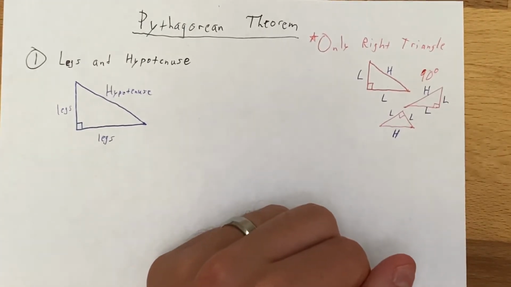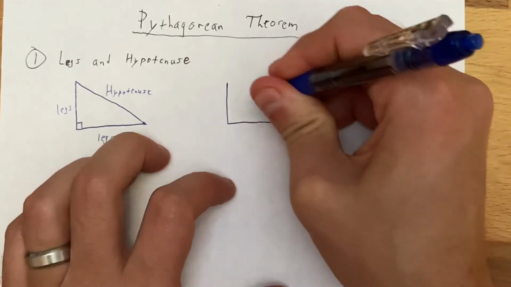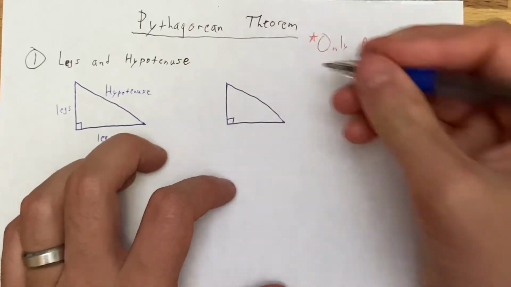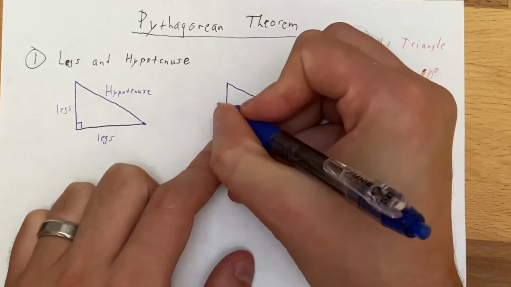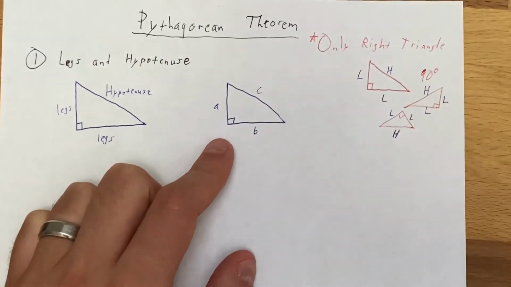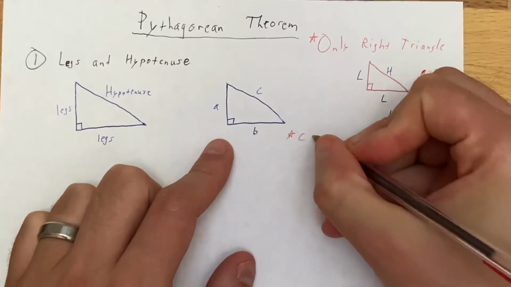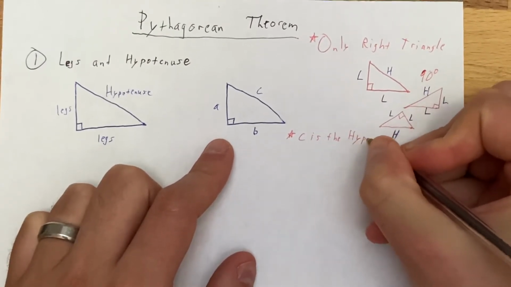To go a little more specific, in math, when we are talking about a right triangle, we tend to call the sides A, B, and then the hypotenuse is C. And I do want to write that down, that C is the hypotenuse. Once again, very important.